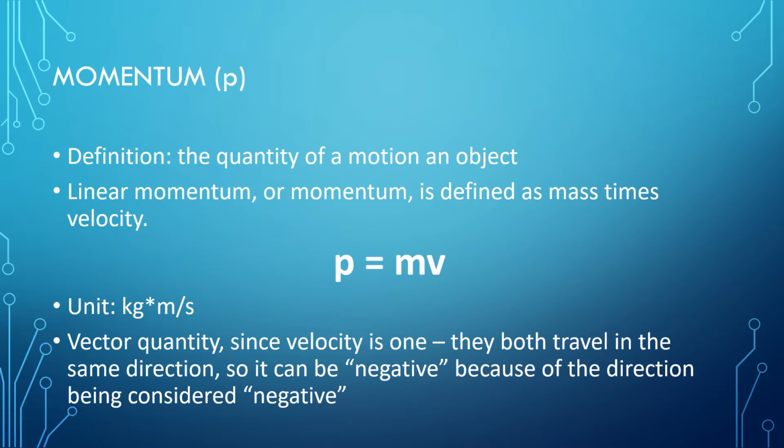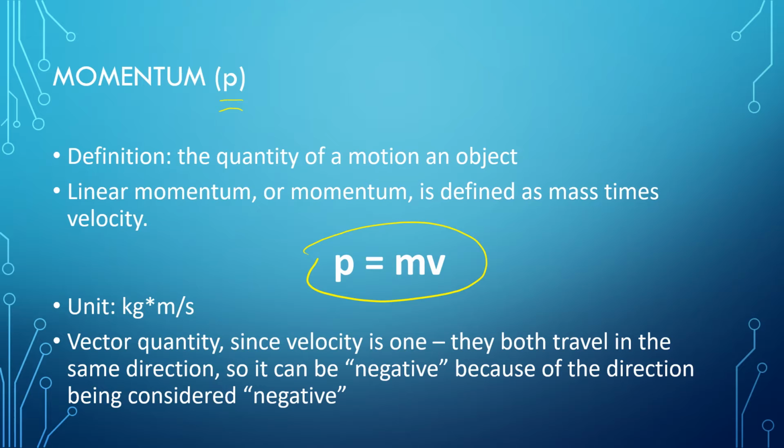So what is momentum in terms of physics? It's symbolized with a lowercase p. It is the quantity of motion an object has. So linear momentum, or momentum, is defined as mass times velocity. So here is your first formula: lowercase p, momentum, equals mass times velocity.